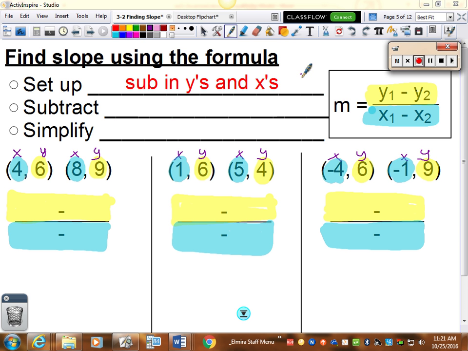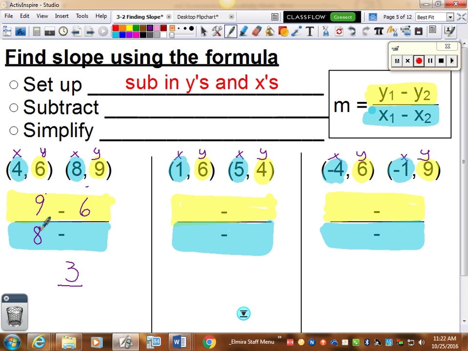Now, the 6 and the 9 does not matter whether I do 6 take away 9 or 9 take away 6. Since it doesn't matter, I'm going to pick 9 take away 6 because that gives me a positive answer on top. I get 3. However, once I have chosen my top value of 9, that means when I place the 8 in its zone, it has to go underneath the 9.